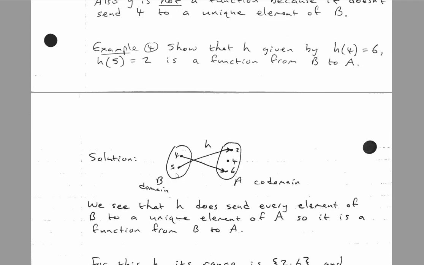Yeah, so this h is sending elements of B to elements of A. And yeah, so everything in B gets sent somewhere. h of 4 equals 6, h of 5 equals 2, and 4 is getting sent to a unique place, 5 is getting sent to a unique place. So this h is a function. It sends every element of B to a unique element of A.